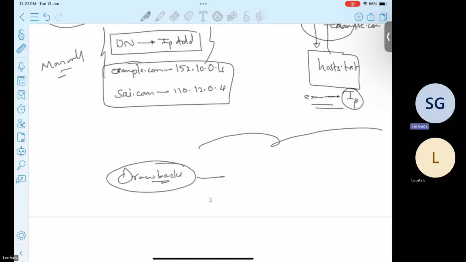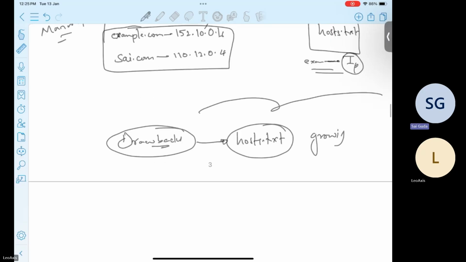In the same way, the internet keeps on growing. Millions of computers are coming every day, and a lot of websites are also coming every day. So it is highly impossible to update this host.txt file because of the growth of the internet. That is one thing: manual updates from time to time. And one more drawback is there is no central management.